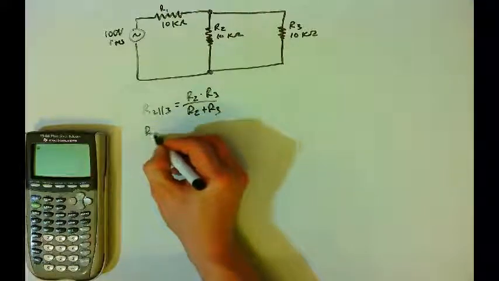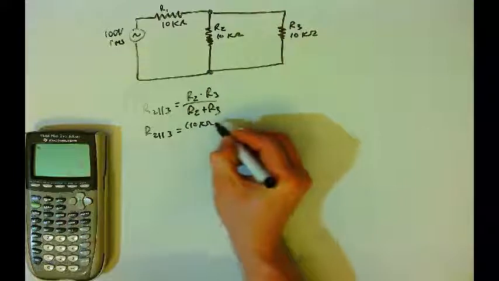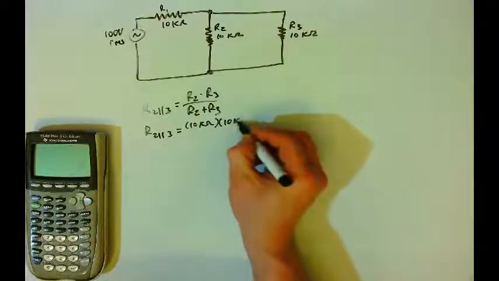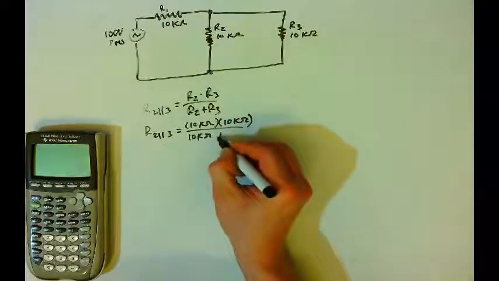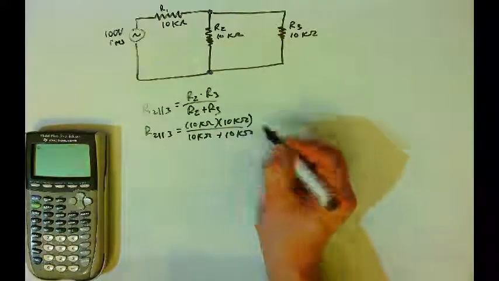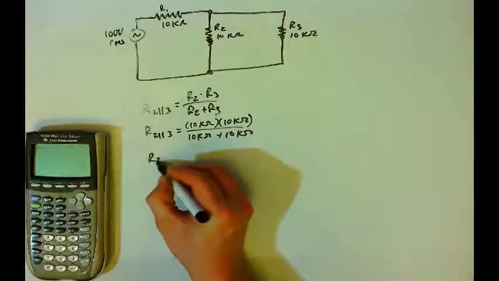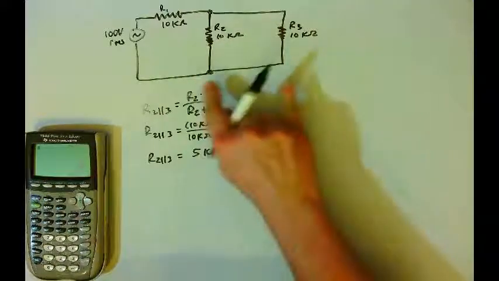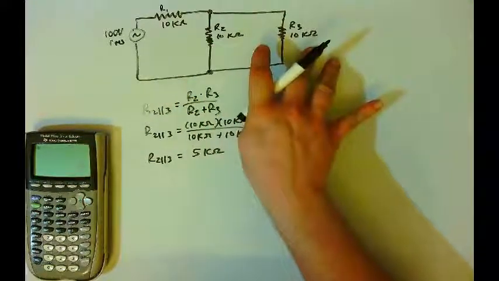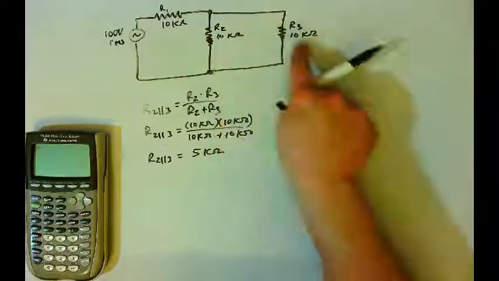And so R2 in parallel with R3 will be 10 kilo ohms times 10 kilo ohms divided by 10 kilo ohms plus 10 kilo ohms. And this is the exact same problem that we had in the previous example. R2 in parallel with R3 will be equal to 5 kilo ohms. And again, when two resistors are in parallel and they have the same value, we expect their combined resistance to be half of their individual resistances.